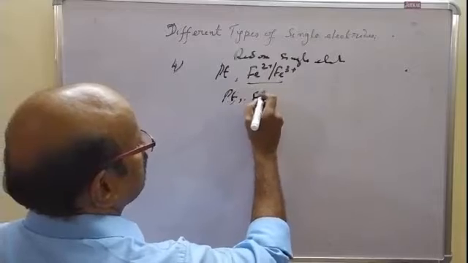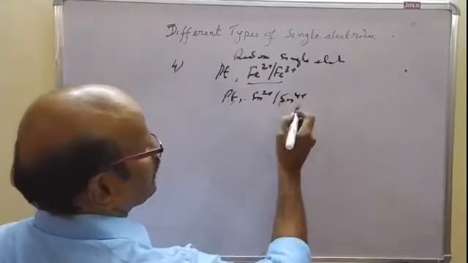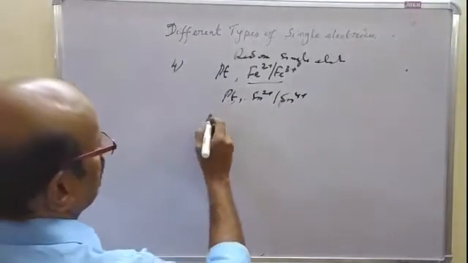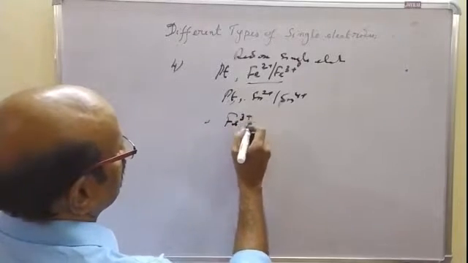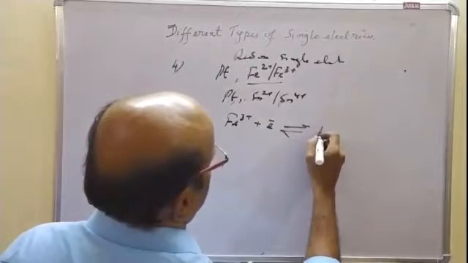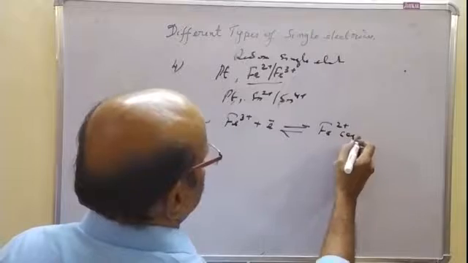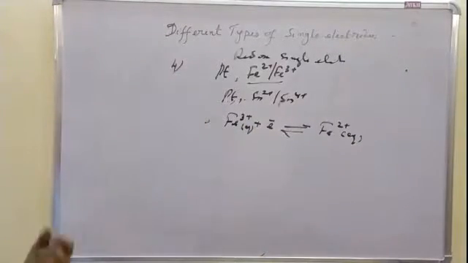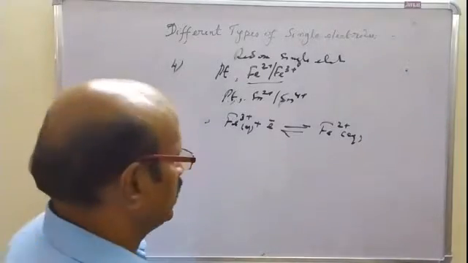Similarly, stannous and stannic, cerous and ceric. And the reaction involved is Fe3 plus plus electron reversibly gives Fe2 plus. So this is the reaction involved. Here the electrode is reversible with respect to the ions of two different valencies.